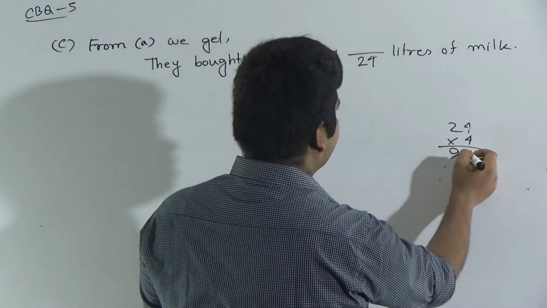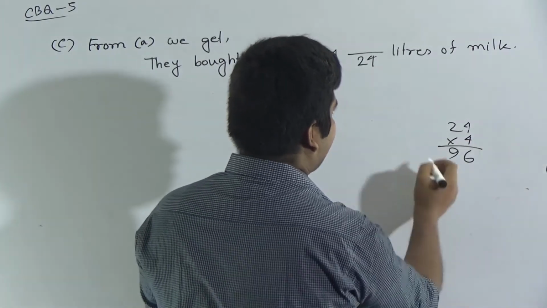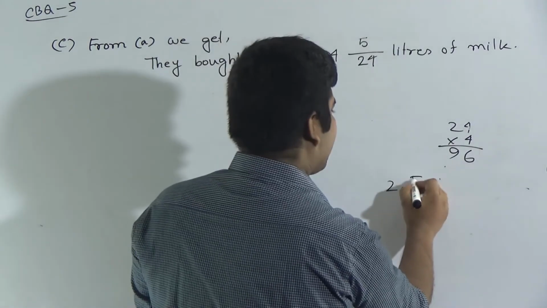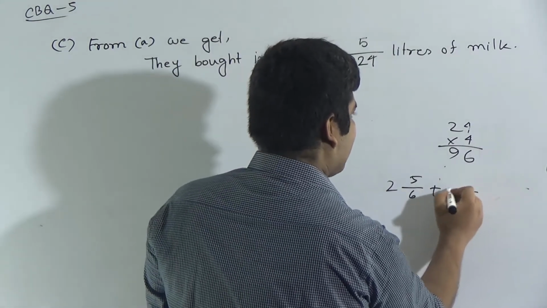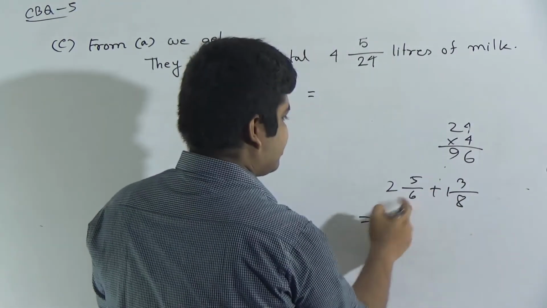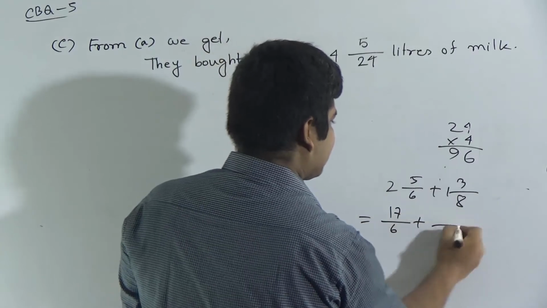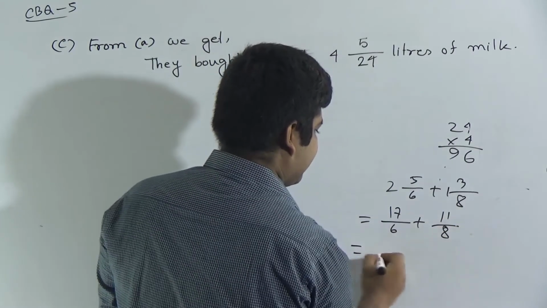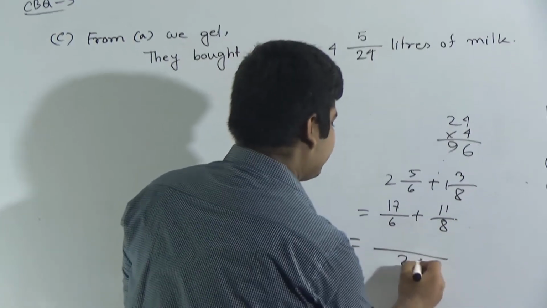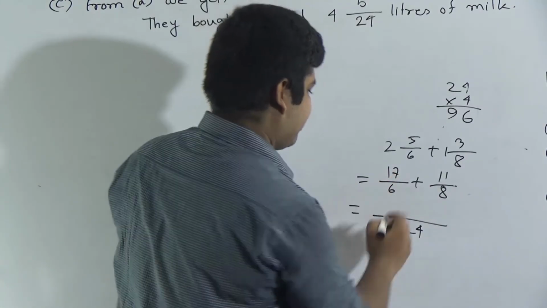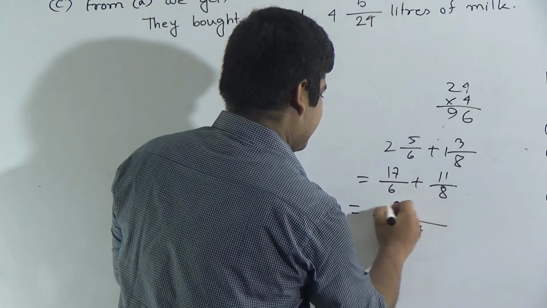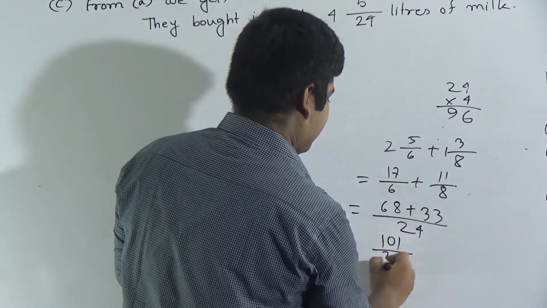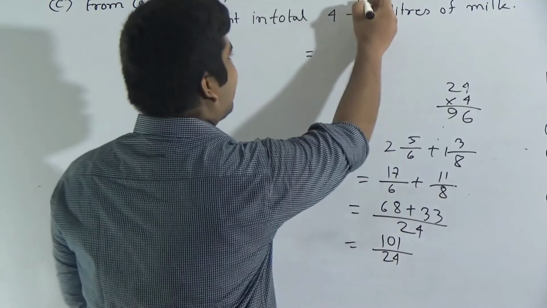We check: 2 into 5 by 6 plus 1 into 3 by 8. 2 6s are 12 plus 5, 17 by 6, plus 8 on the 8, 11 by 8, then 24, then we multiply: 4 7s are 28, 68, 33, 101 by 24.